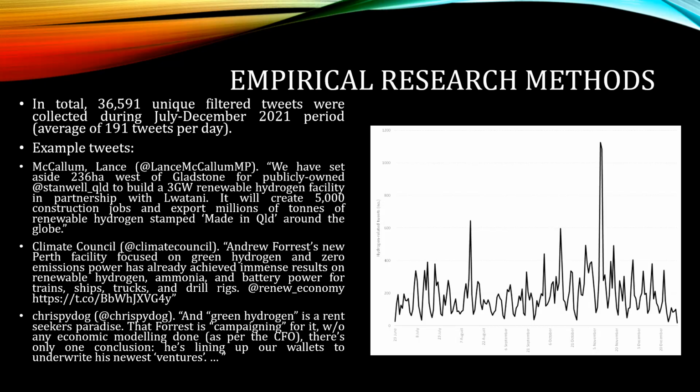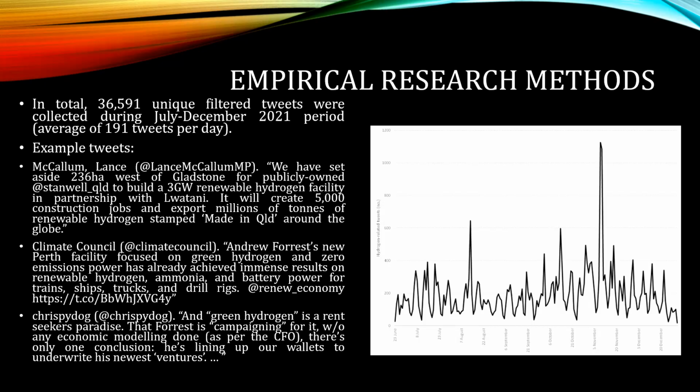So the middle tweet there by Climate Council is referring to some part funding by this mining magnate, Andrew Forrest, to develop a new so-called green hydrogen facility in Western Australia.